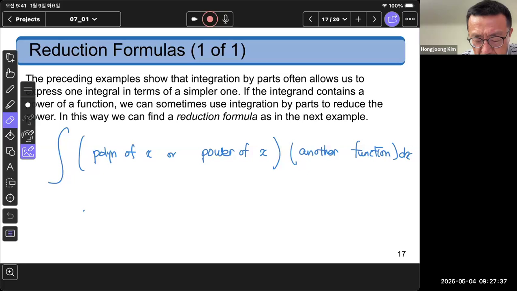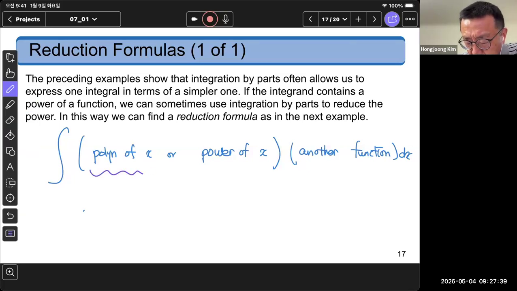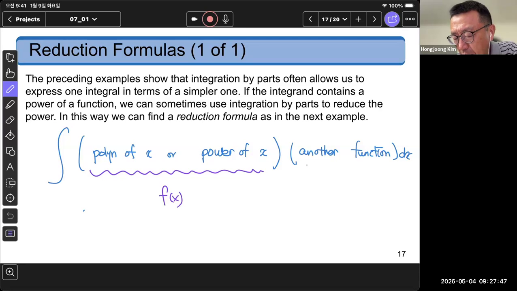In that case, this part will be f of x, and this other function will be interpreted as g prime.